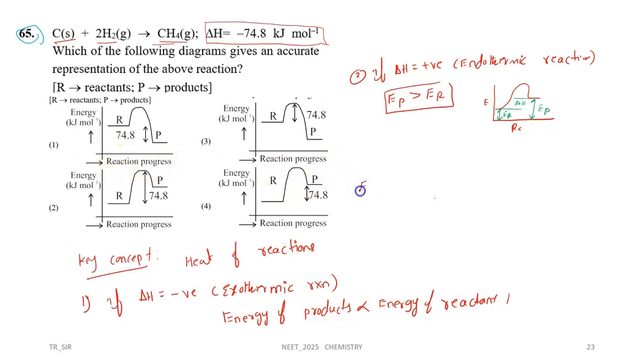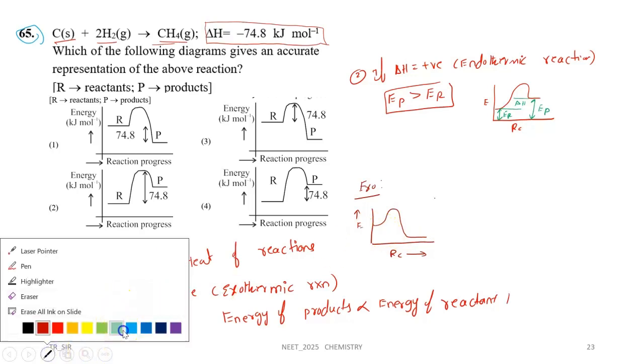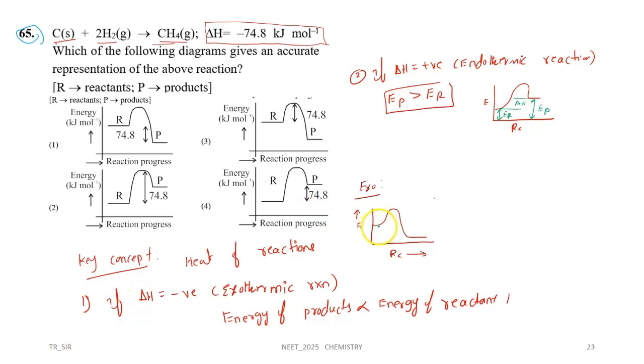In the case of exo, how does the graph look like? Here, energy versus reaction coordinates, RC meaning reaction coordinate. It comes like this. This is the graph for exothermic. This much will be the energy of reactant, and this much will be the energy of products.